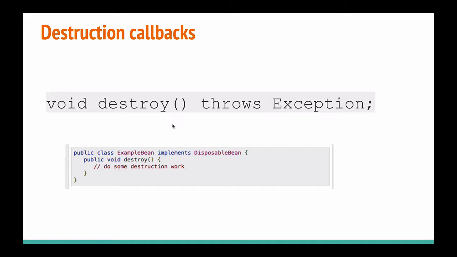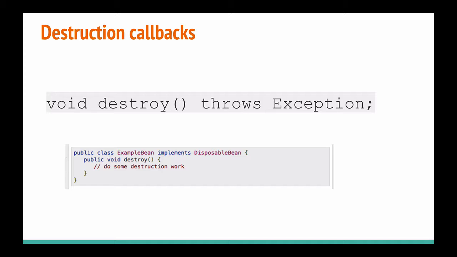So next, let's talk about the destruction callbacks. The DisposableBean interface specifies a method which is called destroy. You can simply implement the above interface, and finalization work can be done inside the destroy method as follows.